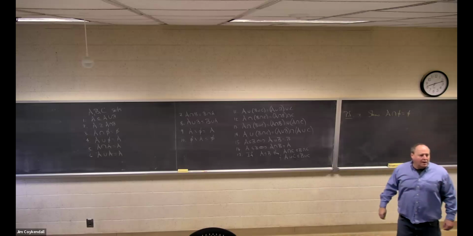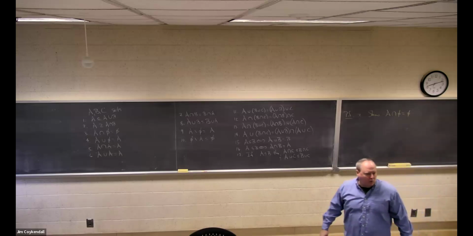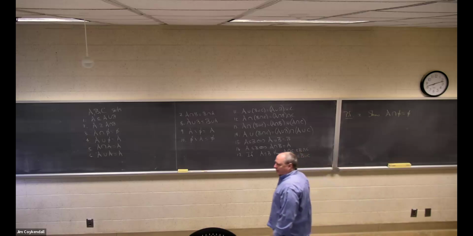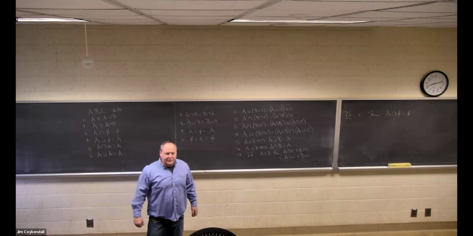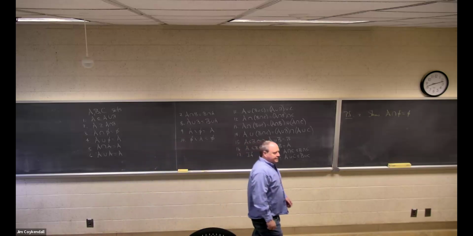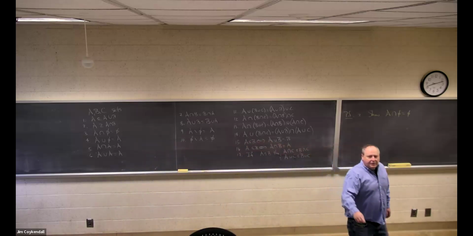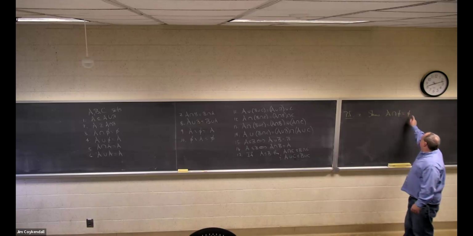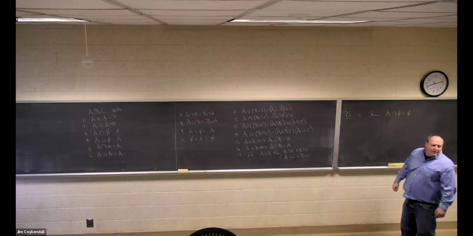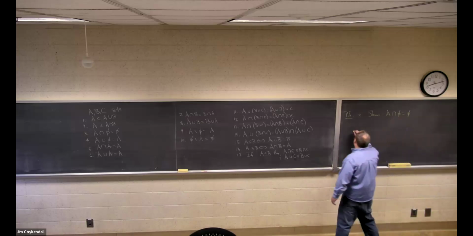How do you show that two sets are equal? What's our strategy? That's exactly right. You want to show that this lives inside this, and this lives inside this. One of these is easy.